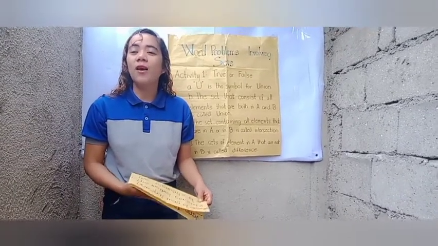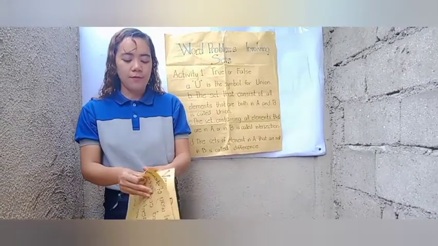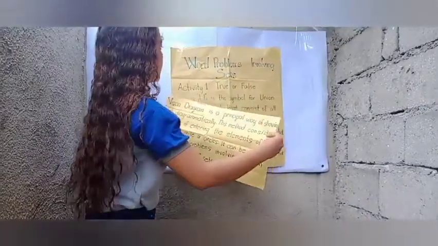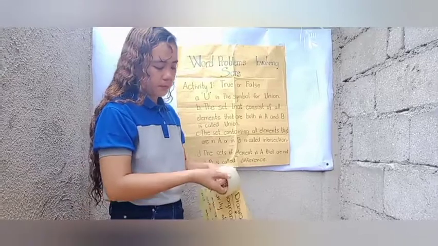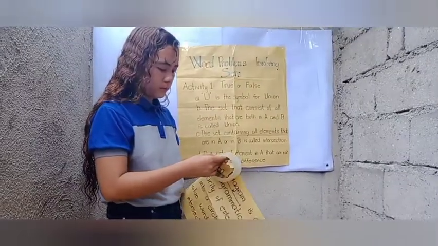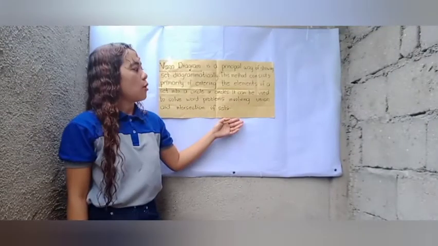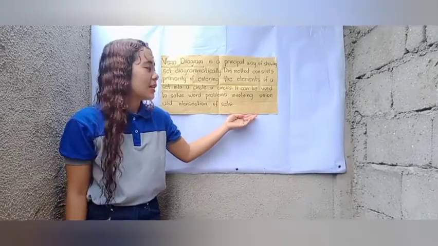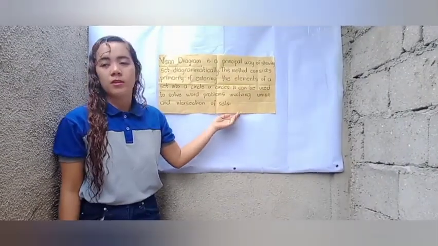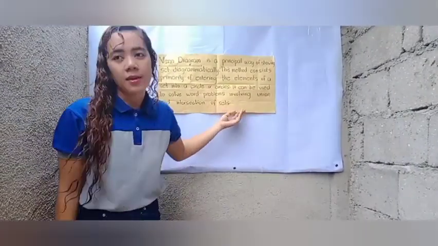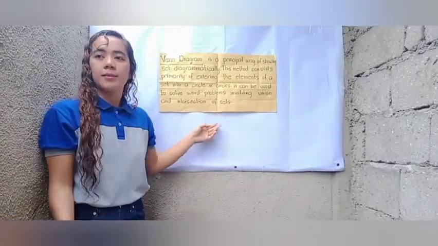Why? It is because Venn diagram will serve as a very important tool in answering the problem. So, Venn diagram. Who among in this class can read this definition about Venn diagram? Yes?